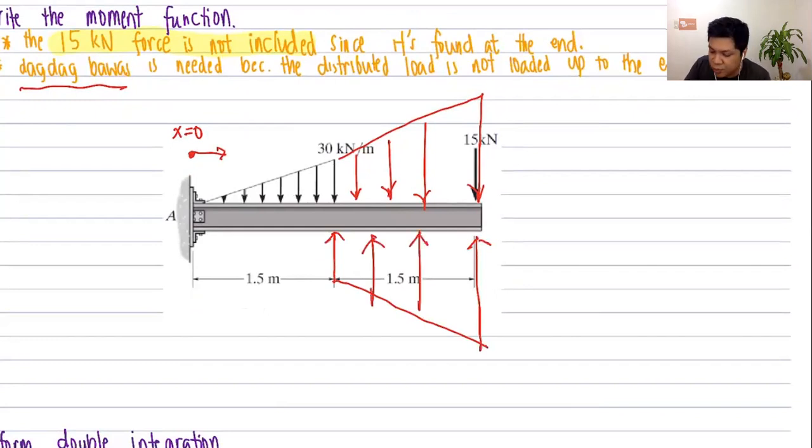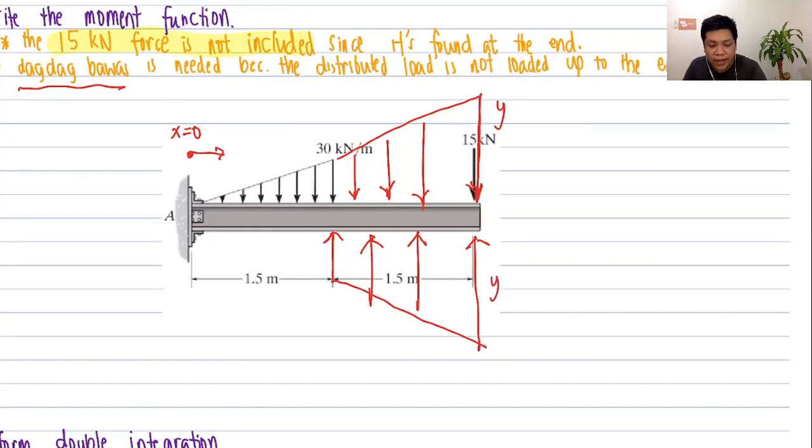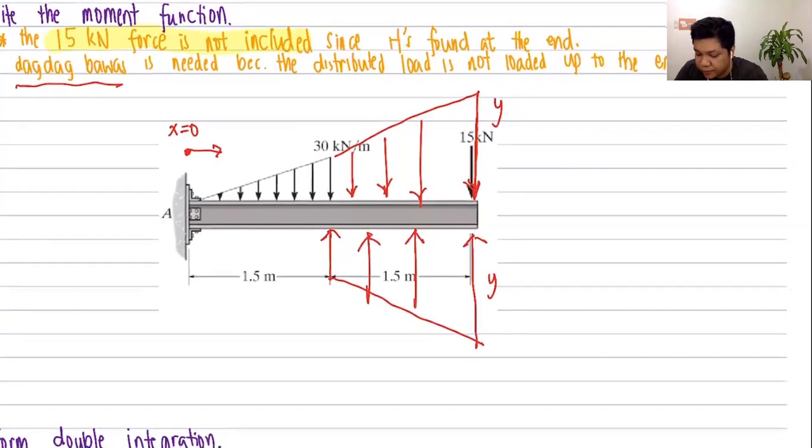Now my question is, what's the intensity of that triangular load? So let me call that y. Of course, if that's y, this is also y. Okay, what's my next step? I can actually perform similar triangles.